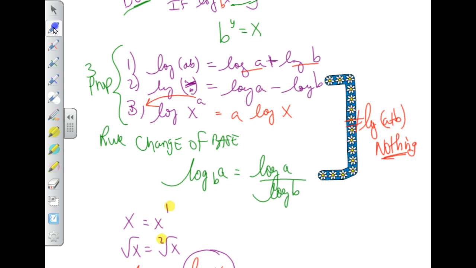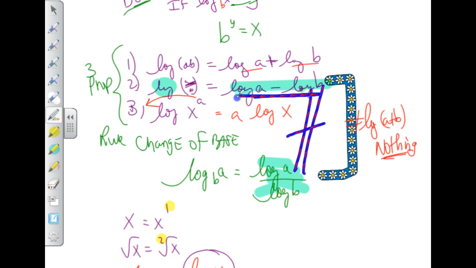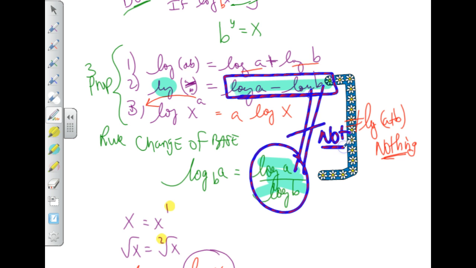And you don't want to get mixed up that the log of a minus the log of b, where I have two logs here, you can rewrite as one log, but you cannot apply that to this. These two things students try to combine all the time, and it's simply just not true. So the log of a minus the log of b does not equal this. Students will try to say that they are equal, and I'm going to give you a warning, be careful.